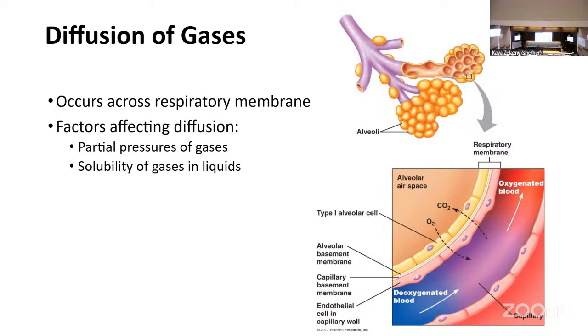And we're also going to be thinking about how easily does that gas move in and out of the blood? Because different gases basically mix better with liquids. And we'll see how that plays a role in a second. So that's what the solubility of the gas in liquid means for us, right? So how much gas do we have? And then how easily can we mix it into our bloodstream?